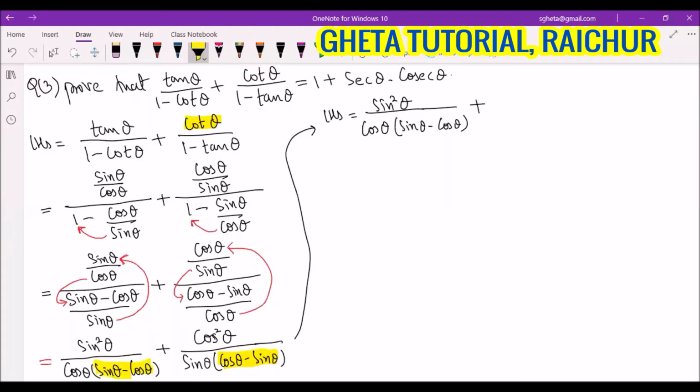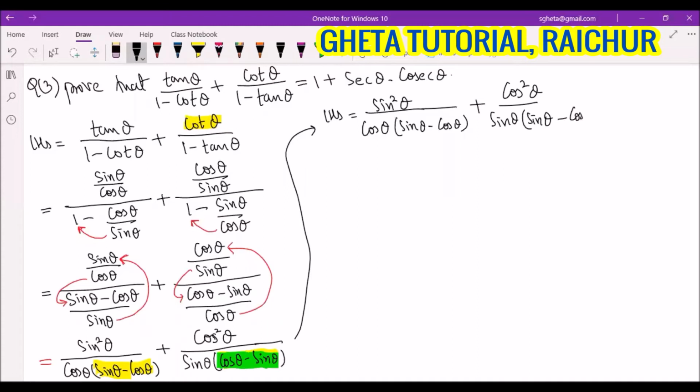So I want to make both the same. So what I will do, here the denominator we have cos theta minus sin theta, I will write as sin theta minus cos theta.